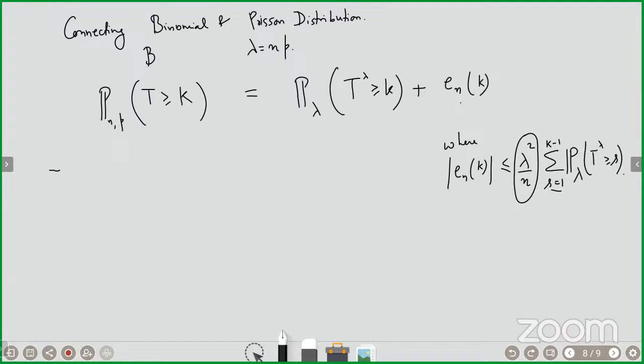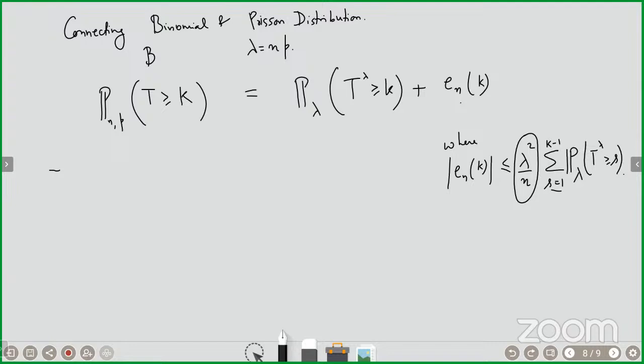But what can bound the difference of the first term and the second? Can you give me, not in terms of the E and K, an in-between quantity by which you can always upper bound the difference? What I'm asking is the probability of T greater than K in the binomial case minus the probability of T greater than K in the Poisson case. Is there a crude bound you can count on?